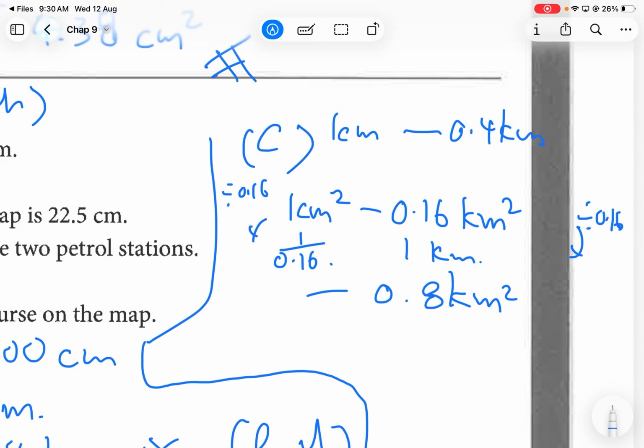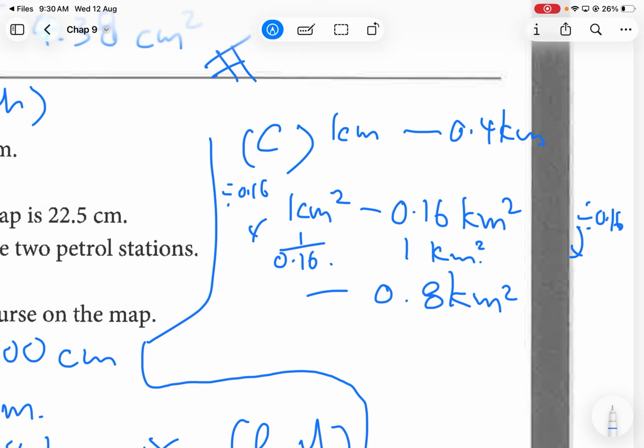0.16 divided by 0.16 become 1. Here is still square, sorry. 2 divided by 2 become 1. 5 divided by 5 become 1. 0.5 divided by 0.5 become 1. Anything divided by itself always become 1. That's why I will divide by 0.16. Then this side, because I divide by 0.16, I also divide by 0.16. But I don't need to key in calculator to find out the value. I just write down 1 divided by 0.16 can already.